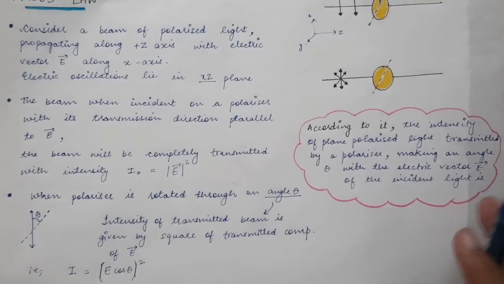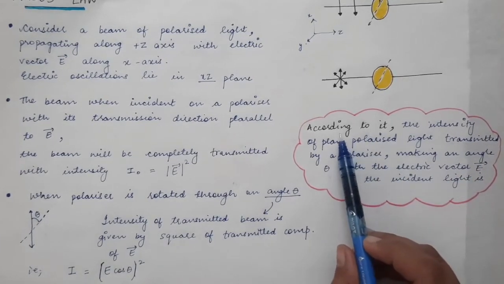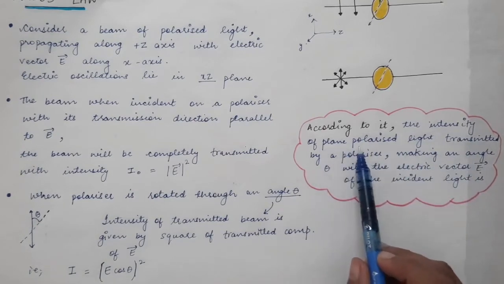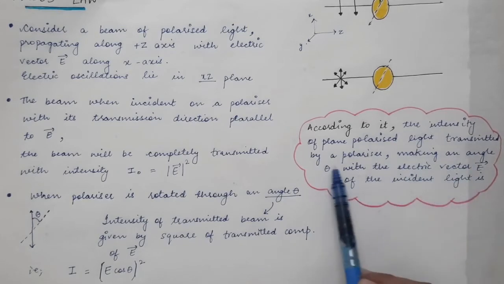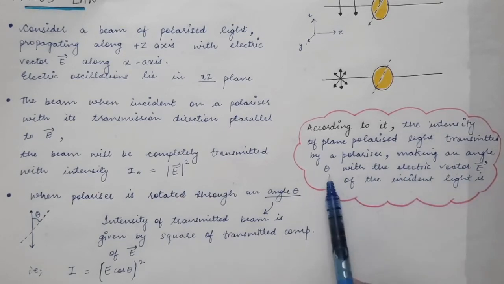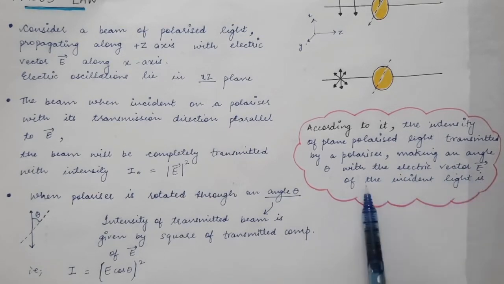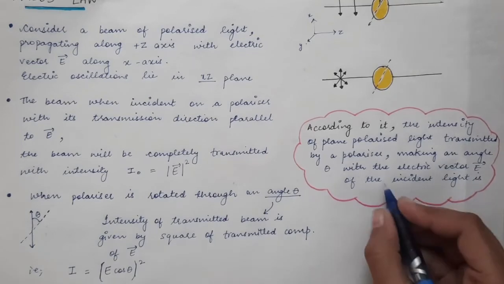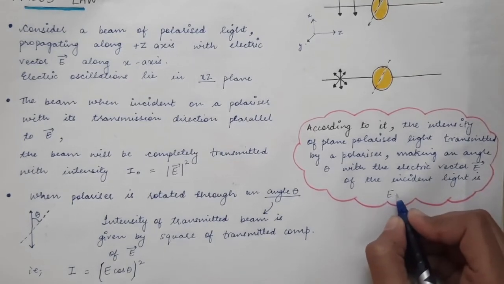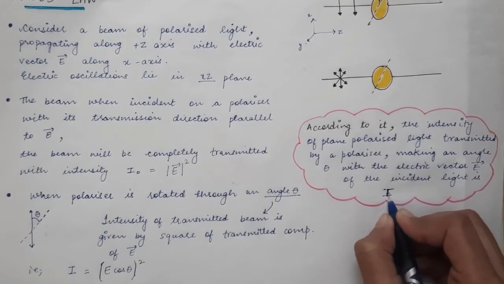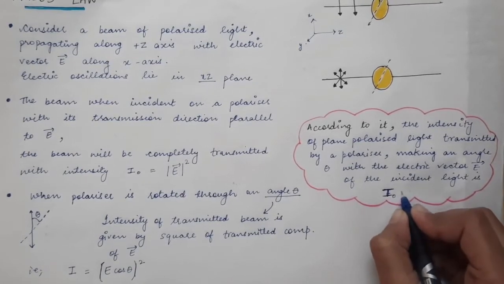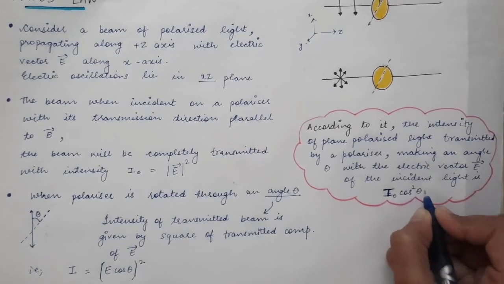So what does Malus law state? Malus law states that the intensity of the plane polarized light transmitted by a polarizer making an angle of theta with the electric vector E of the incident light is I0 cos squared theta.